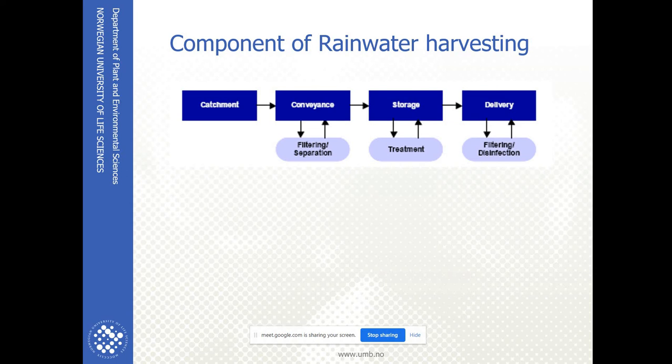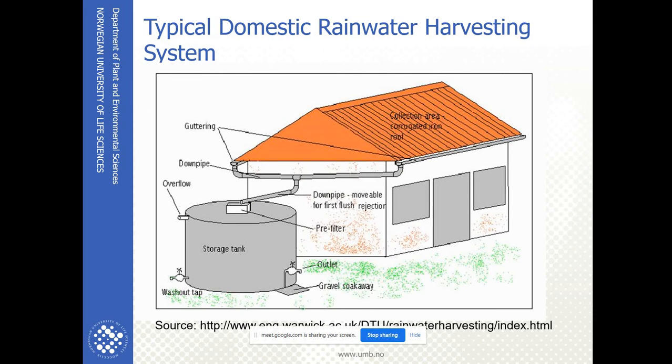Storage: storage tanks flatten out any fluctuation in rainfall, allowing water use to be to a greater or lesser extent independent of the rainfall. Types: ferro cement tank, cement rich mortar reinforced with a layer of wire mesh. And the storage tanks are shown in the PPT, PVC and concrete tanks.